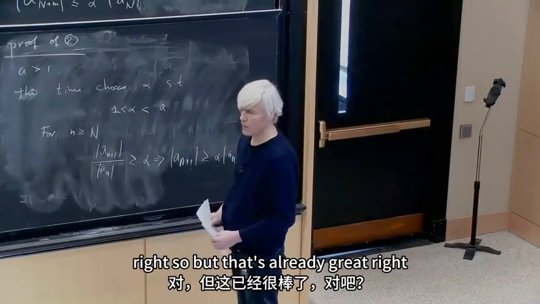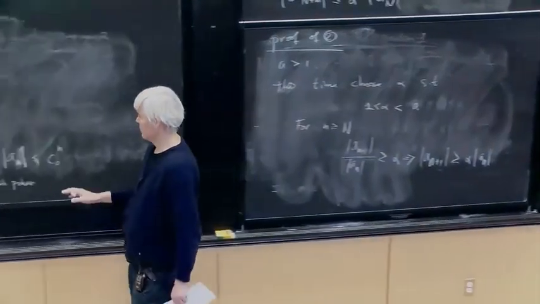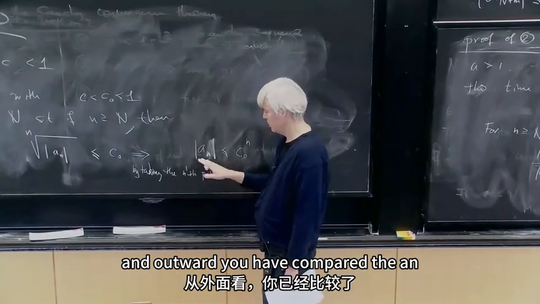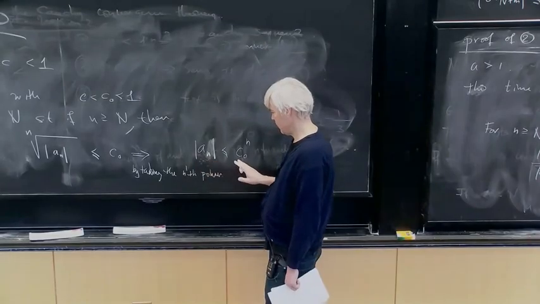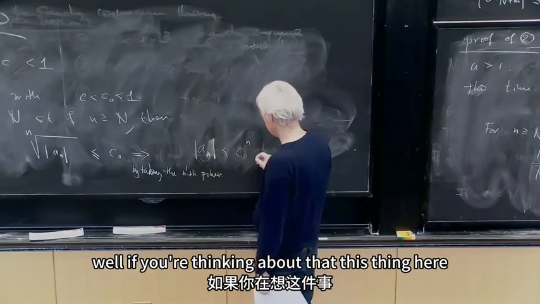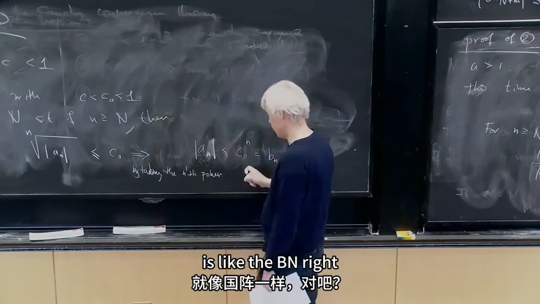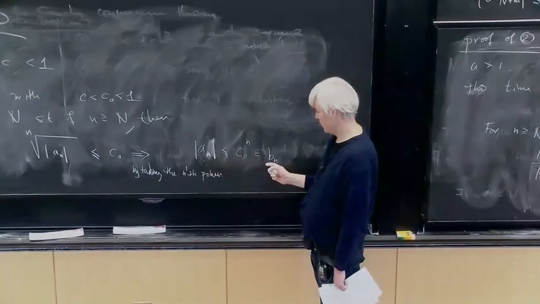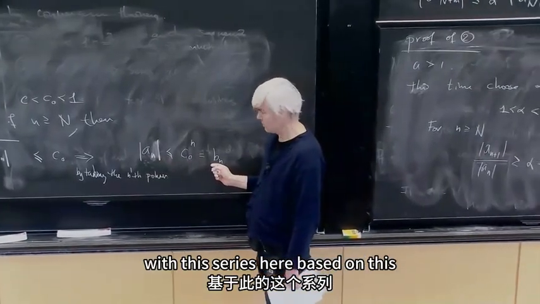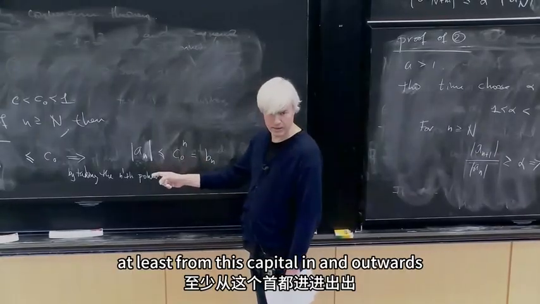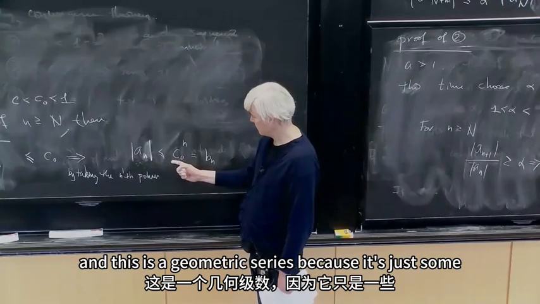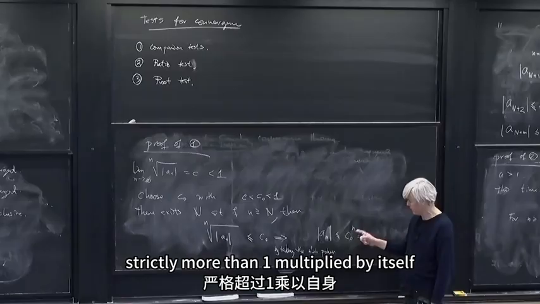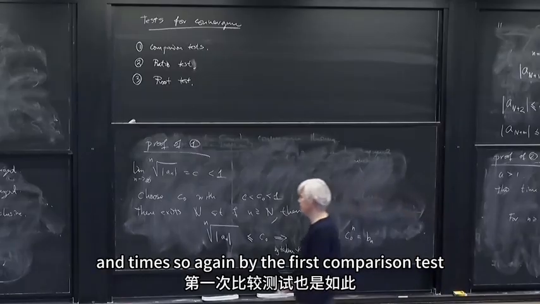Right, but that's already great, because this means that, at least from a certain stage and outward, you have compared the a_n with, if you think of this thing here as the b_n, this series here, from this capital N and outward. And this is a geometric series because it's just some number strictly smaller than 1 multiplied by itself n times.